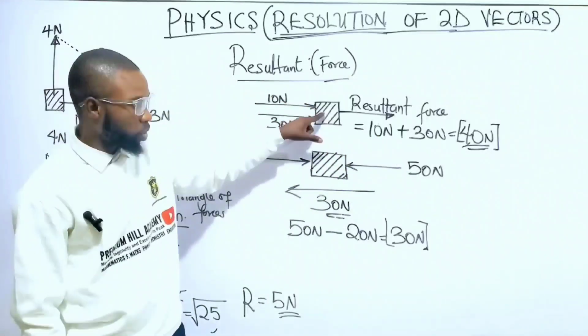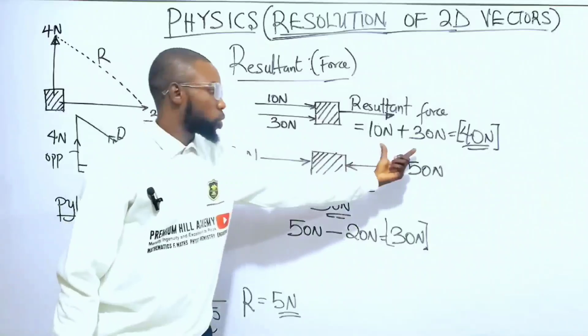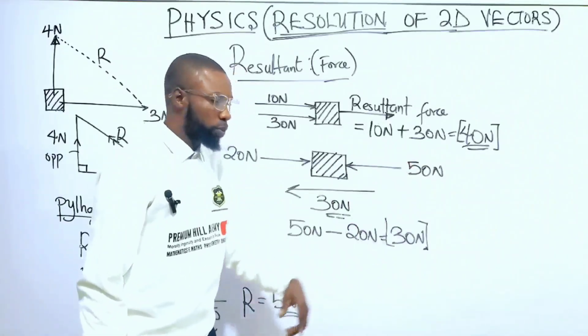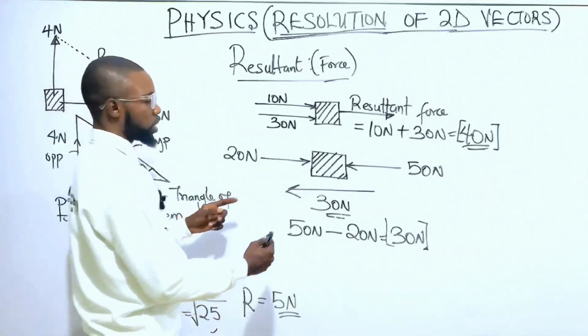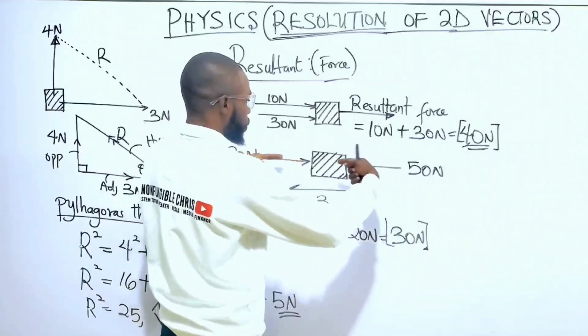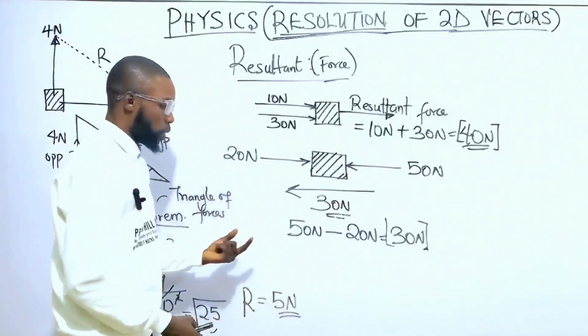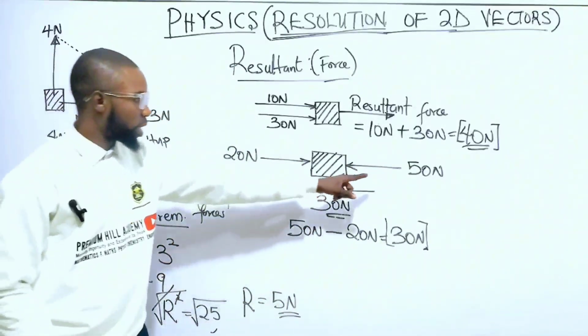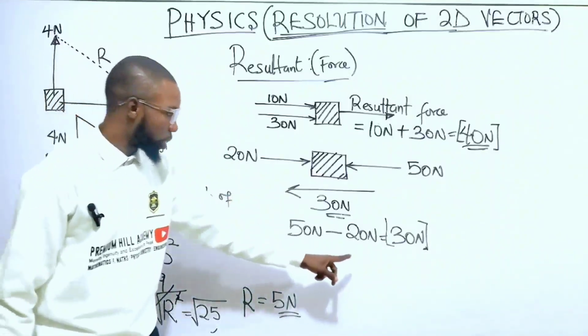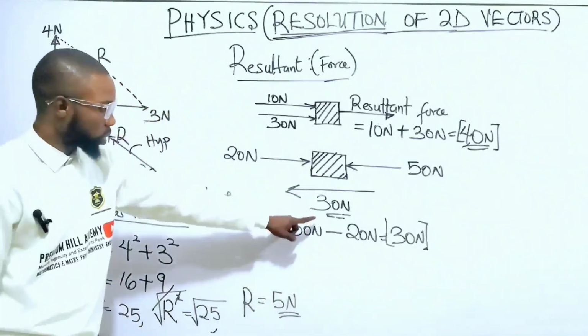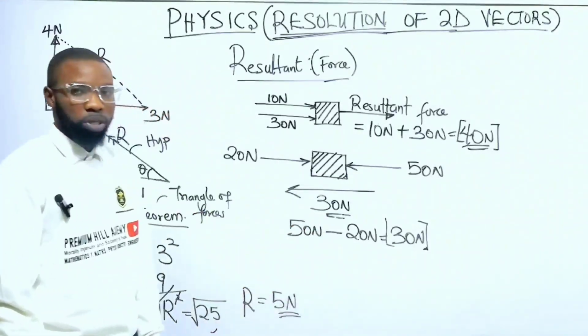And if two forces are acting opposite each other, counter to each other, we take the difference: we subtract the smaller force from the bigger force to get the resultant force.